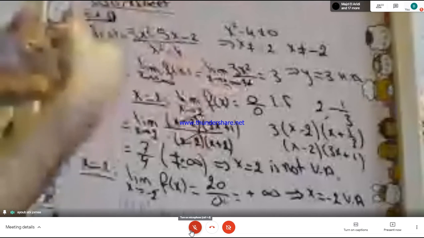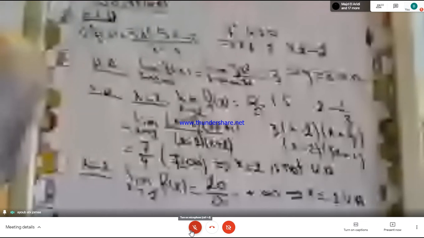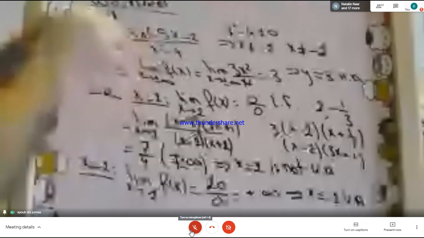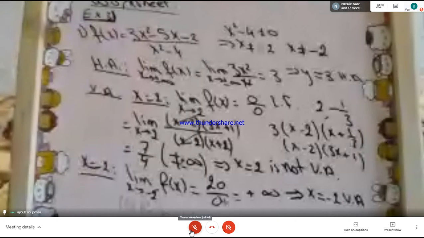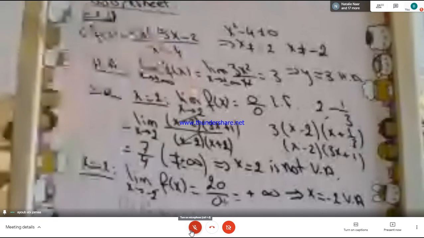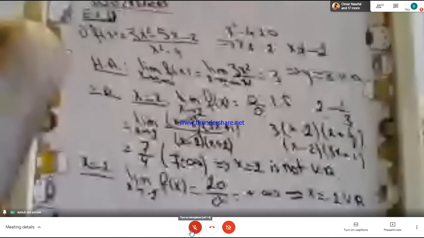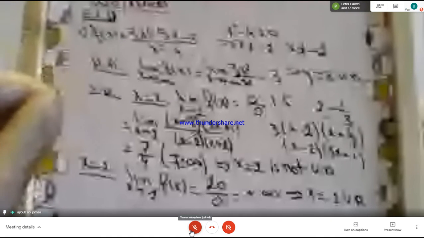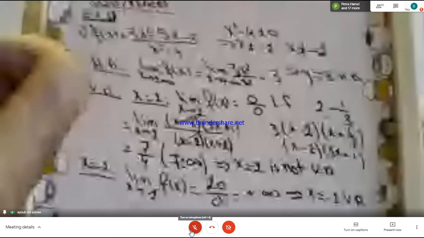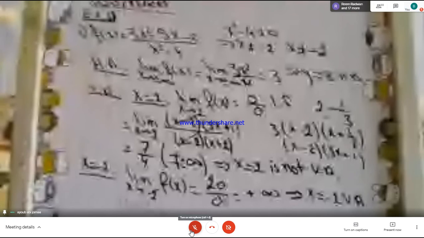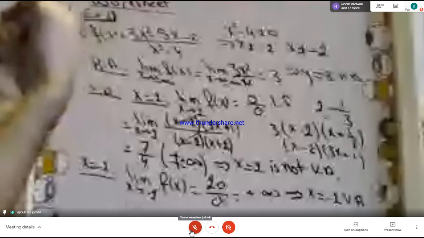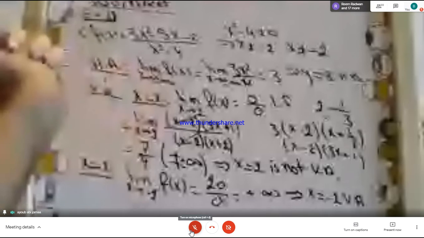In order to determine whether the function has a vertical asymptote or not, for rational functions you consider the denominator to be 0. Why? Because in case we have a vertical asymptote x equal a, then the limit as x approaches a is infinity. The case where the limit is infinity is number over 0.